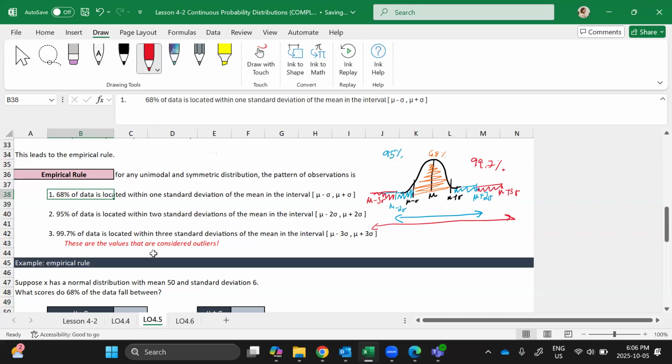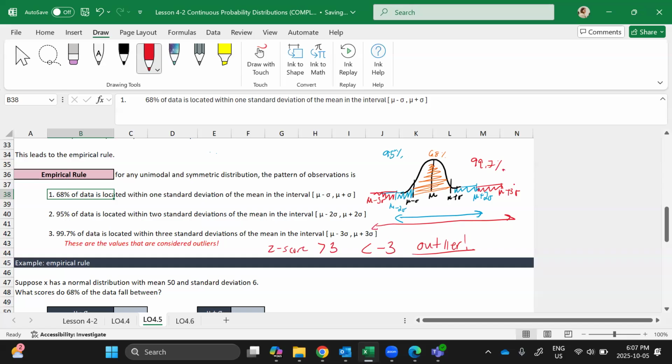So our rule is that if you have any value with a z-score bigger than 3, we call it an outlier. So if the z-score is bigger than positive 3 or less than negative 3, we call it an outlier. That's because 99.7% of your data is supposed to be within the minus 3 and the plus 3.